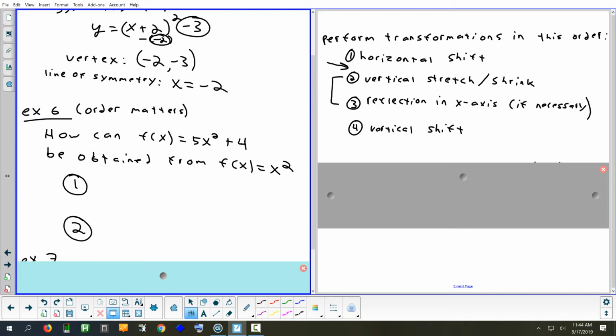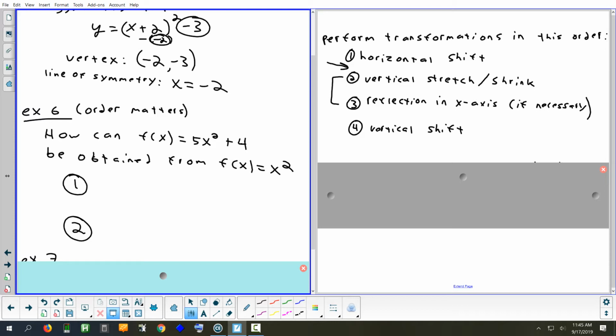Okay, and let's go through the order. Horizontal shift. Brandon, do I have a horizontal shift here? No, there's no horizontal shift because that would be adding or subtracting in parentheses, like up above here. Okay, so we don't have that.